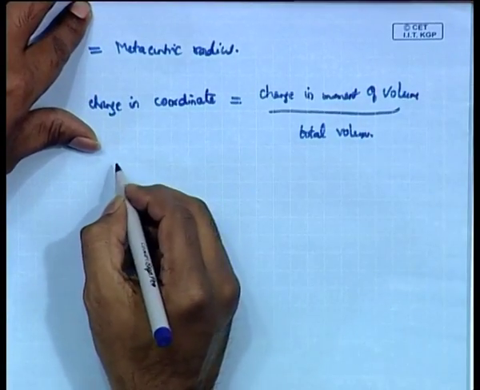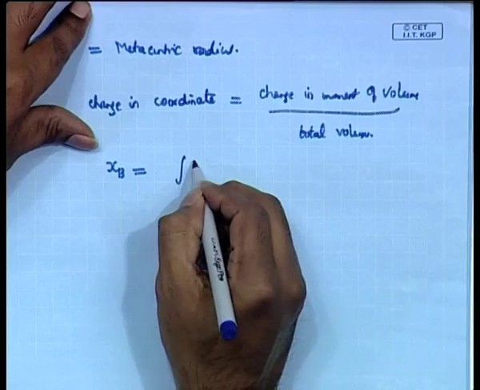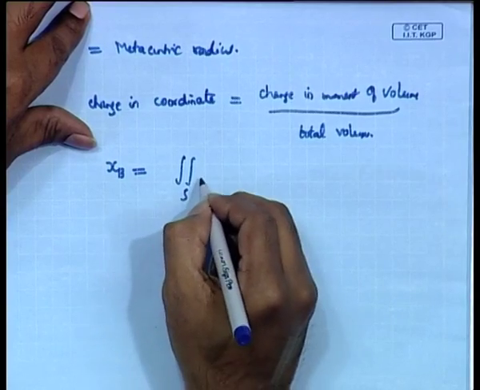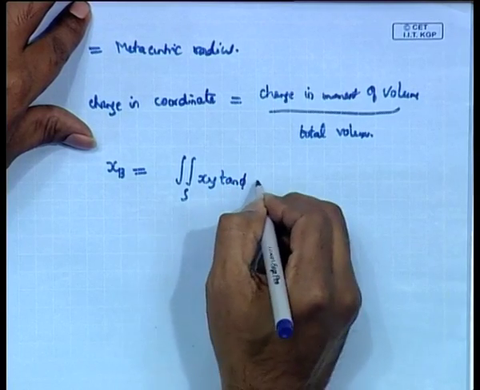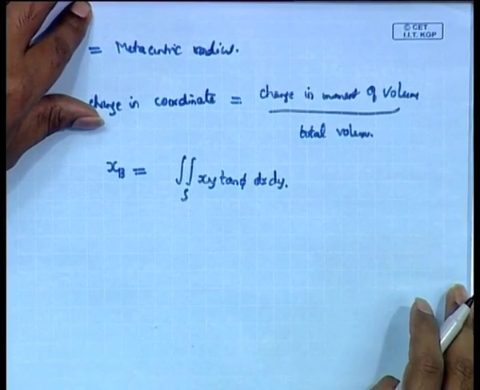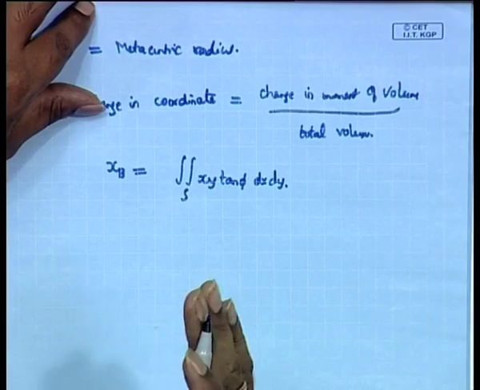Then x b, the change in this, is equal to... now the volume itself is the double integral of y tan phi dx dy that we saw in the previous section. Y tan phi is the vertical distance, and the double integral over the whole surface of y tan phi dx dy will give you the volume of the body.